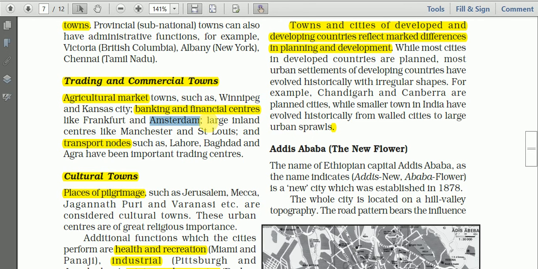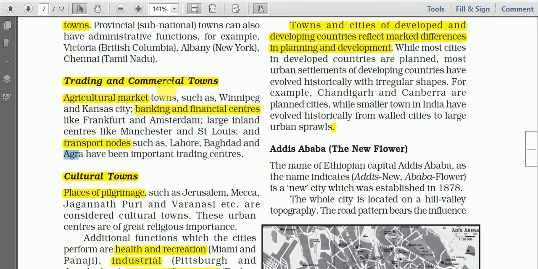Then we have large inland centers like Manchester in England. Then St. Louis is a major city of Missouri state in USA. Then we have transport nodes or transport towns such as Lahore in Pakistan, then Baghdad, the capital of Iraq. Then we have Agra in India. All these are important transport towns.